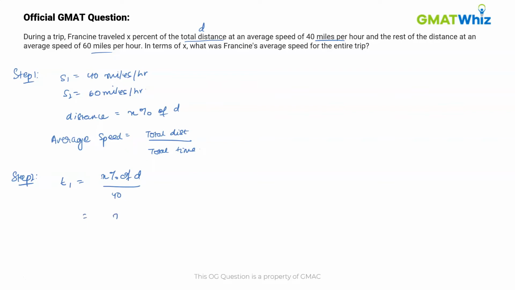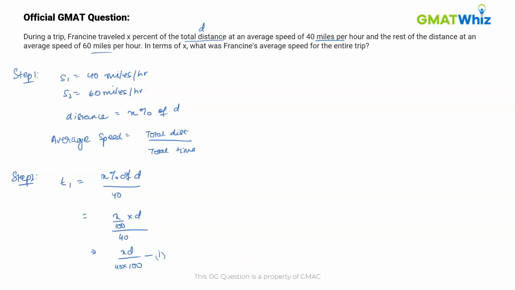This is equal to x by 100 times d divided by 40, which gives us xd by 40 times 100. Now this is the time that he takes for the first half of the trip.